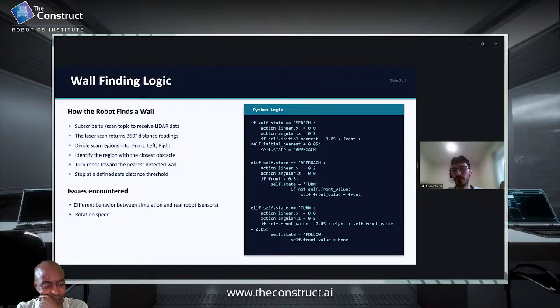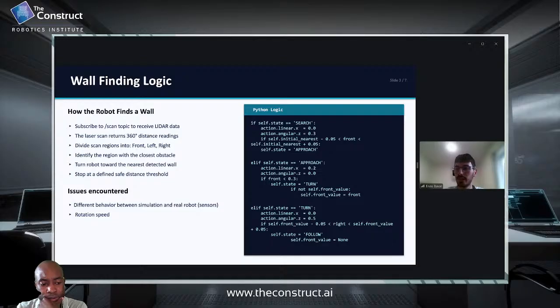So this is the search mode. Then it will turn on itself to face this value. For example, if the closest value is on the right of the robot, it will turn on itself until the front value is the lowest value detected, which means that it is facing the wall.